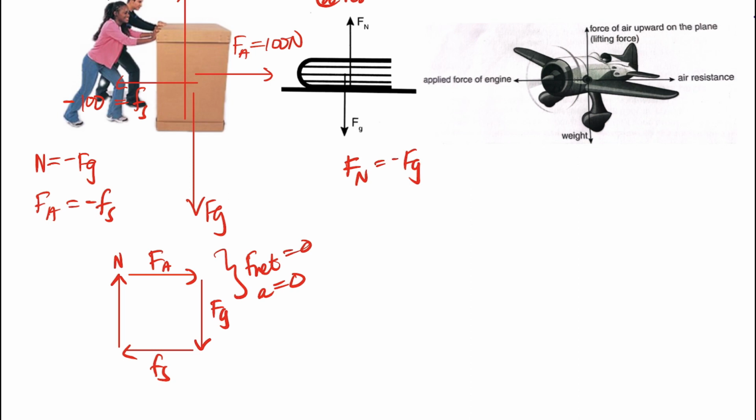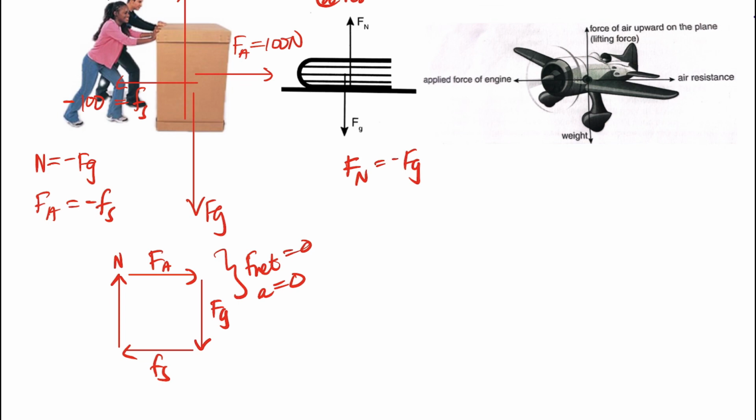Let's see this example. We have an aeroplane, and it has balanced forces. We have a lifting force, a force that lifts up the aeroplane, and the gravitational force is equal to it. The aeroplane is moving in this direction at constant velocity.